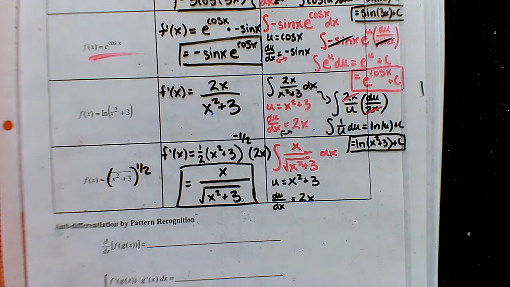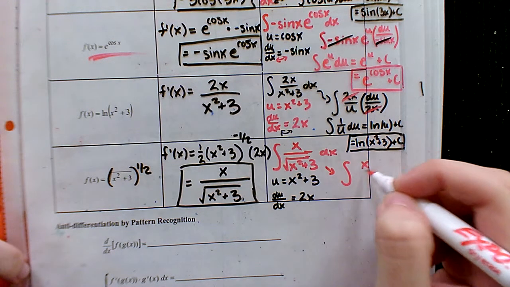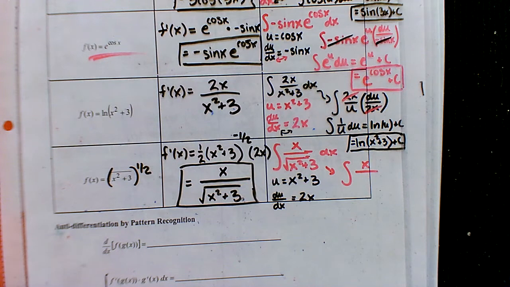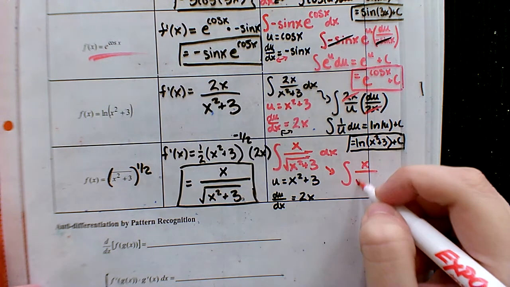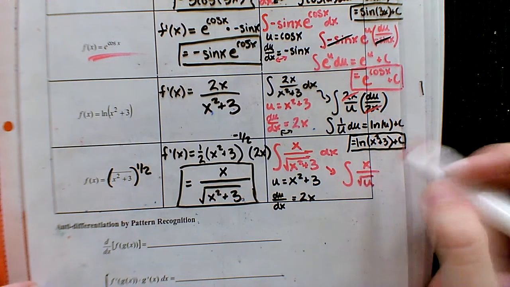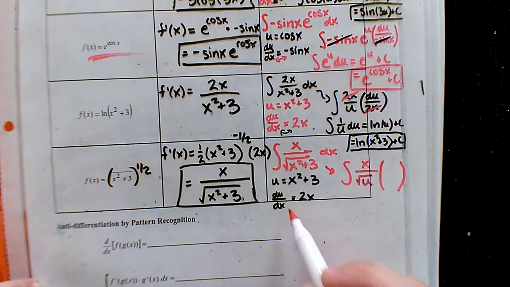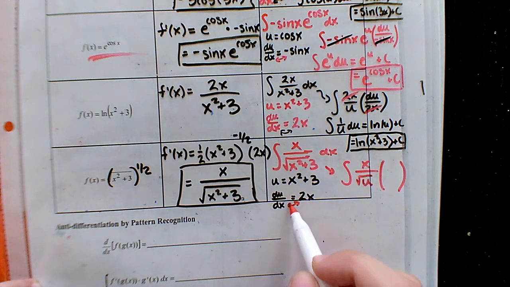So let's go ahead and rewrite the integral. We're going to keep the x up top, and in the bottom, we have the square root of u. Instead of the dx on the end, we're going to solve for it.